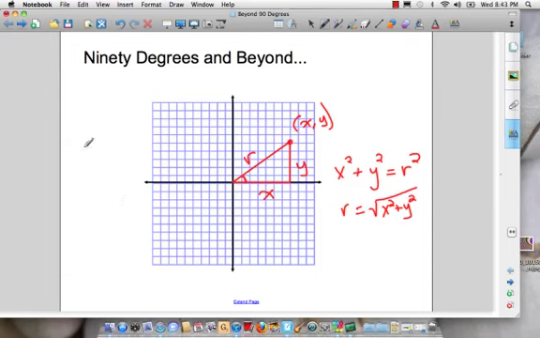And we know that this angle, if I call it alpha, we already know from SOHCAHTOA that the sine of alpha is opposite over hypotenuse, so y over r. And the cosine of alpha is adjacent over hypotenuse, so x over r.